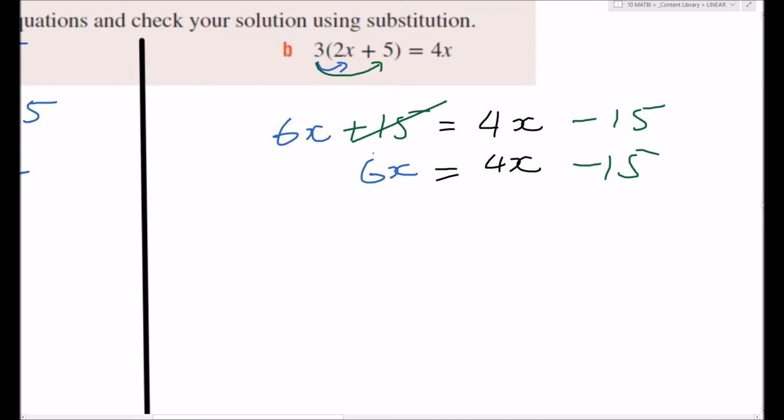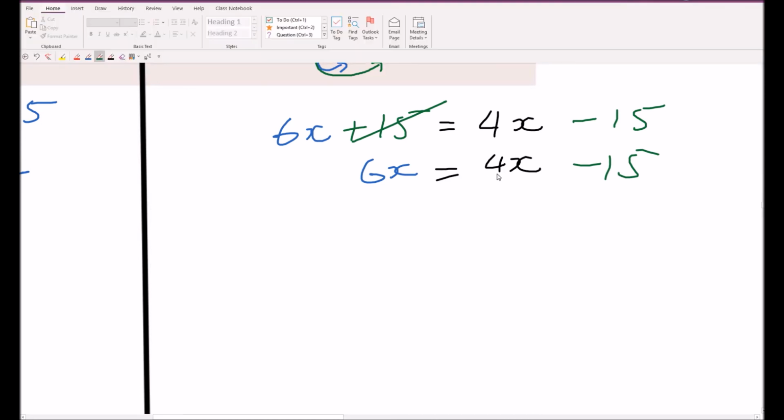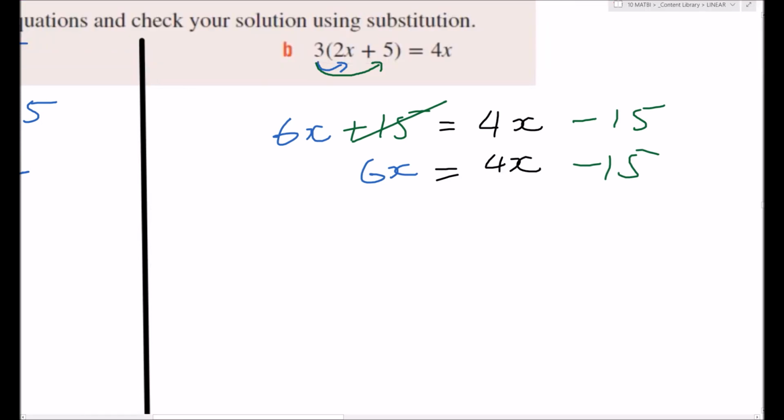And the next thing you need to do, like I said, is put all the letters on the same side. So you see here, you've got a 4x on this side. I want to move it to the other side. This is considered a positive 4x. I forgot to put some arrows here, so that'll go there.